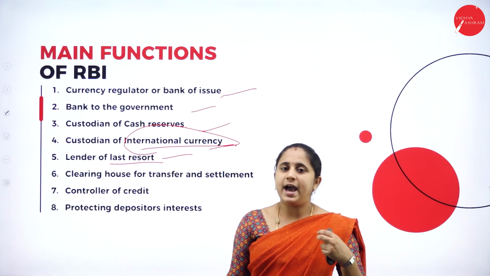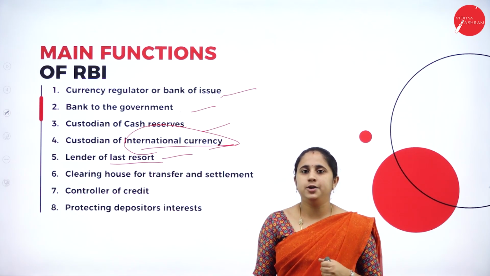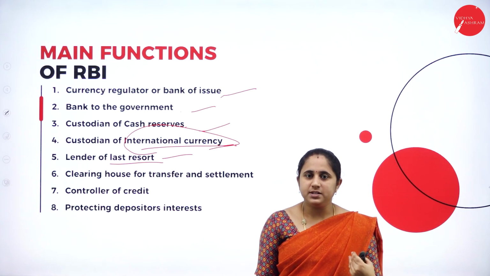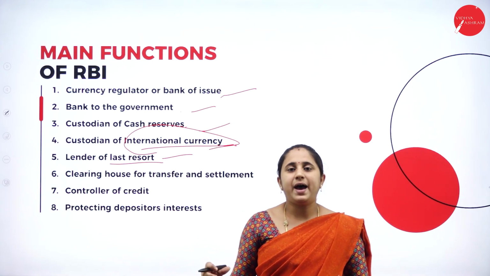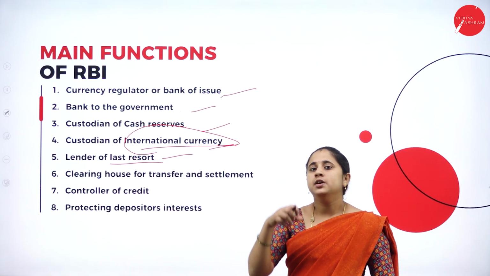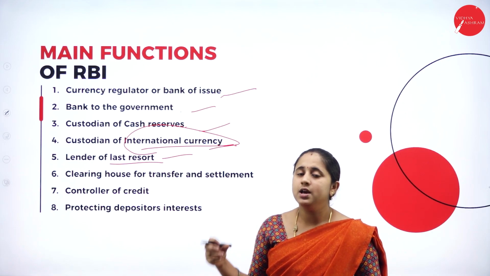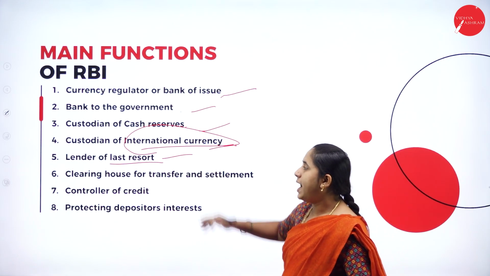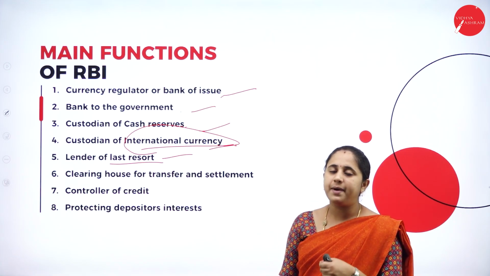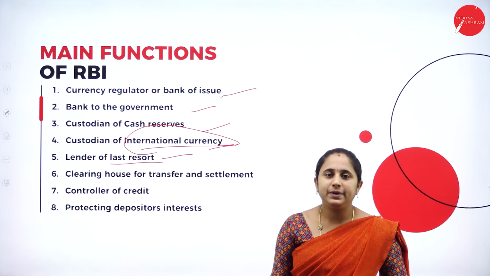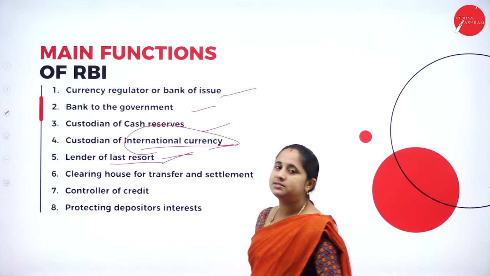As an individual customer, we visit a bank in order to get a loan to meet our expenses. So if the bank requires a loan, if the bank has to meet their expenses, then it goes to the RBI. So in an emergency situation, RBI acts as a bank of last resort for the commercial banks. All the commercial banks can get a loan from RBI in order to meet their expenses. So that is lender of last resort.